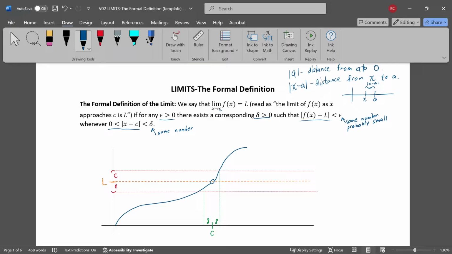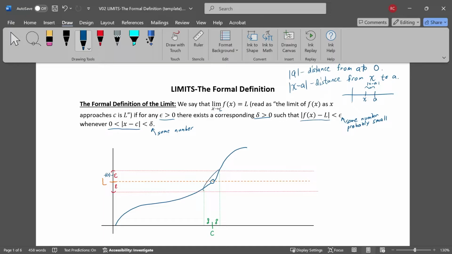So let's look at this in this picture, right? So we've got a function here. It has a hole at this point when x is c. So the function doesn't actually take any value here. But what we see is when we draw this epsilon here, that if I chart this over and I say, well, look at all of the y values, all of the f of x values that are within this distance of epsilon, all of them land somewhere here for the curve of this function, right?